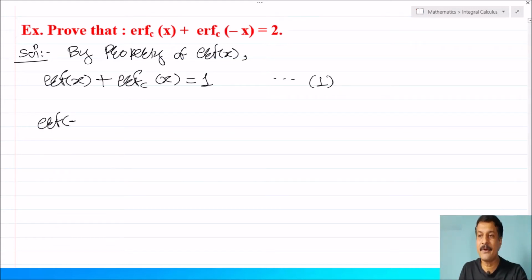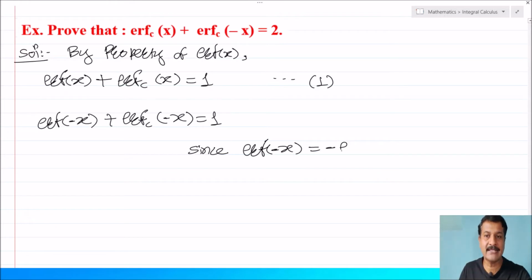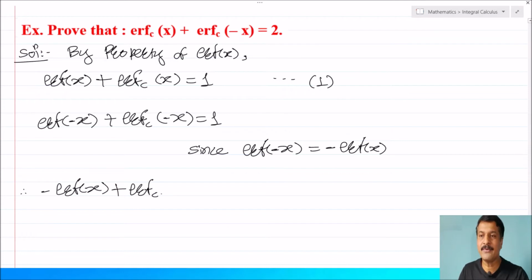It means that error function of minus x plus complement of error function of minus x equal to 1. But now again, second property of the error function, that is, the error function is an odd function, since error function of minus x equal to minus error function of x. So you put this value here, so I am getting minus error function of x plus complement of error function of minus x, and that is equal to 1. So this is equation number 2.